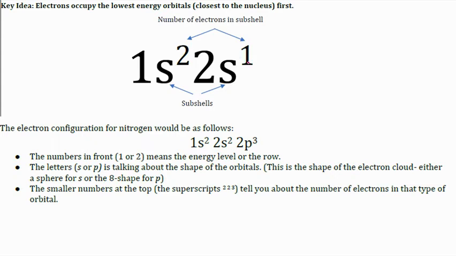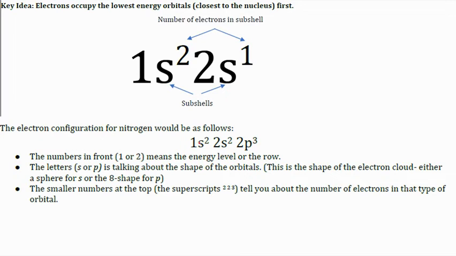So 2 plus 1 is 3. And if you find 3 on the periodic table, it's lithium. Here, 2 plus 2 is 4, plus 3 is 7 total. So that is nitrogen. So all you have to do is just add those numbers up, and they tell you what element it is. Okay?